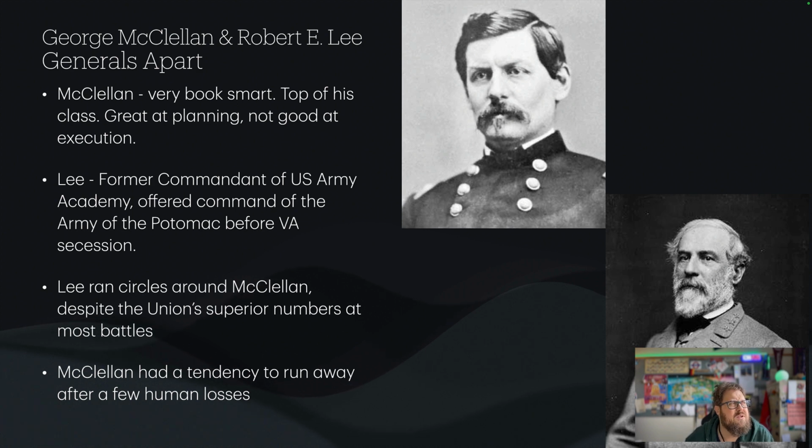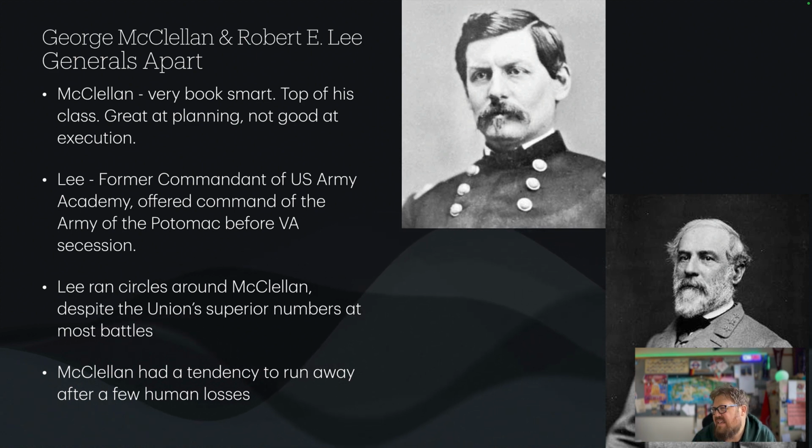So now's probably a good time to talk about two of the big-time commanders of the Civil War. The first one, George McClellan. McClellan was one of the youngest generals to ever become a general in the Union Army. He was a top flight graduate from the U.S. Military Academy. On paper, he was really, really smart, and he was great with logistics and planning and things like that.